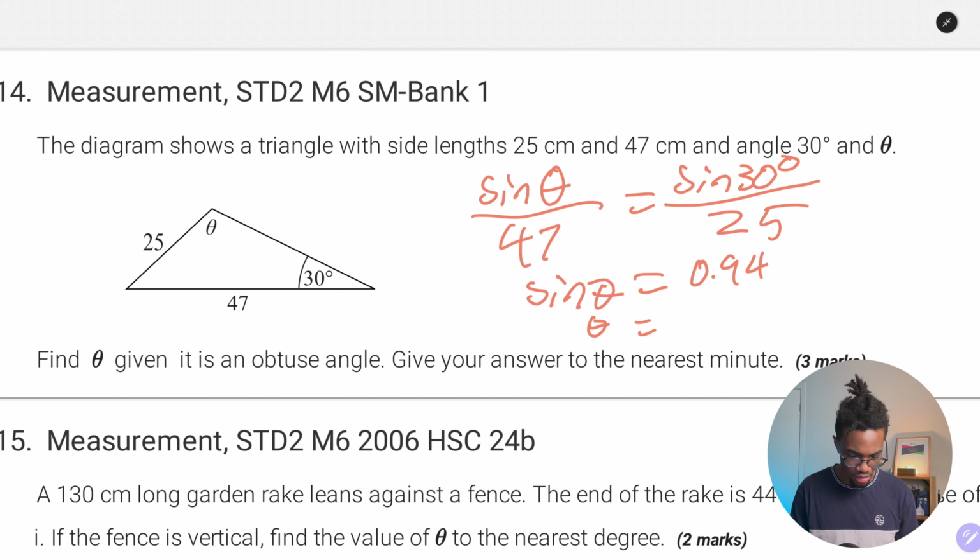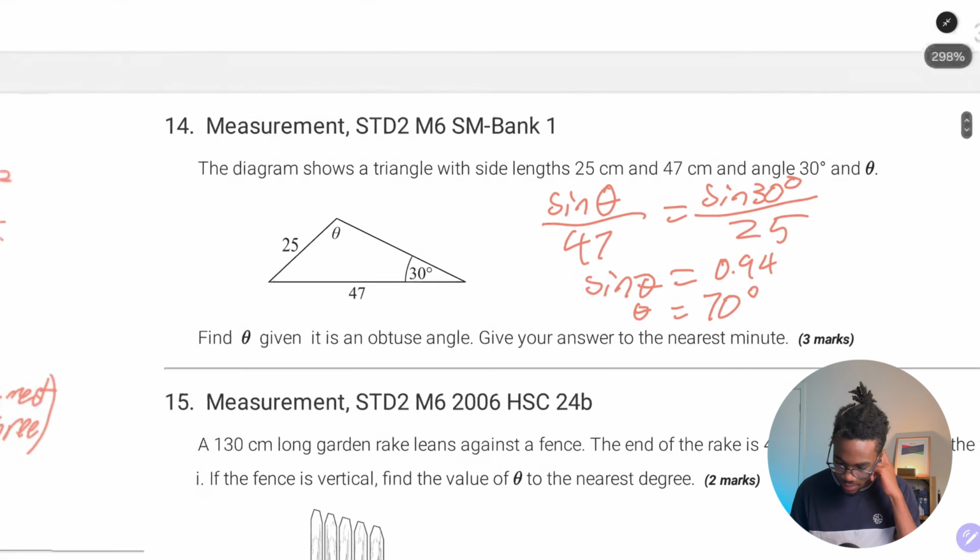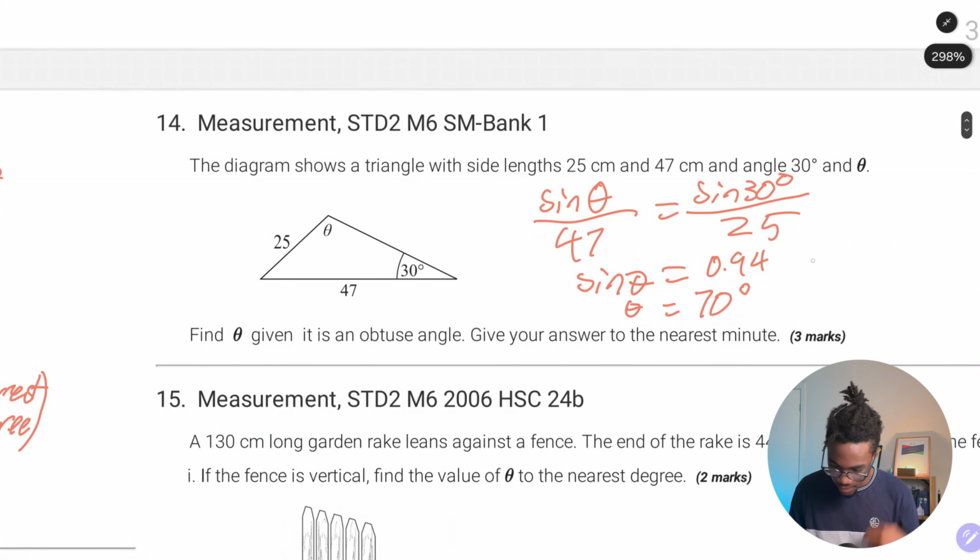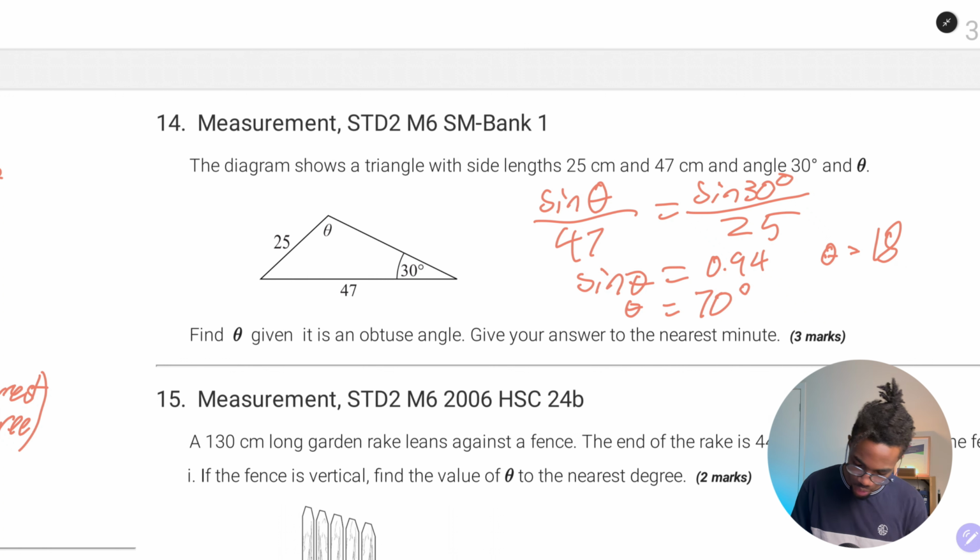Theta is going to equal sine inverse of that, 70 degrees. And because this is an obtuse angle, we're going to do 180 minus 70. Sorry, I didn't do my own step.